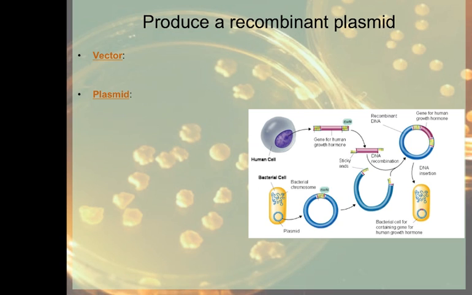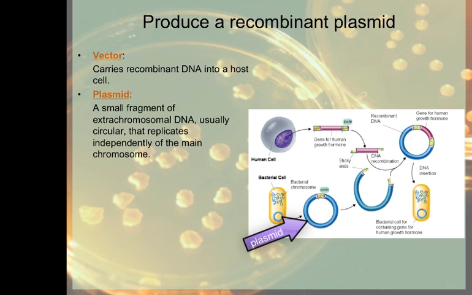Next, we have to get our DNA ready to insert into our organism. We use a vector to carry the recombinant DNA. The vector acts as a messenger. The vector we are going to use is a plasmid. A plasmid is a small circular extrachromosomal DNA that can replicate on its own, independent of the main chromosome.